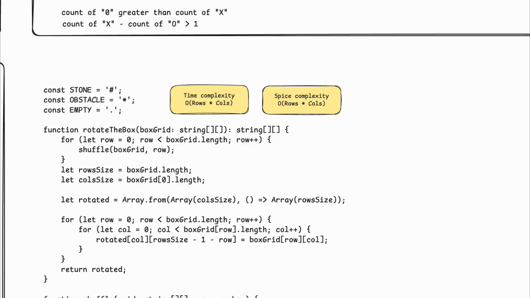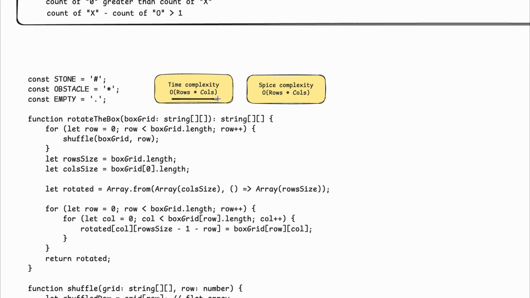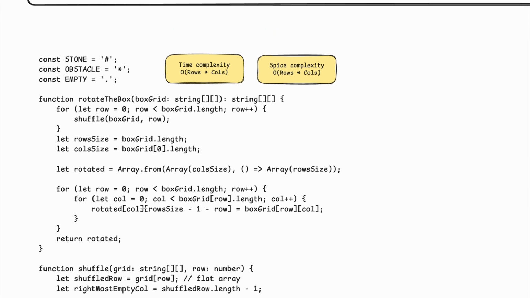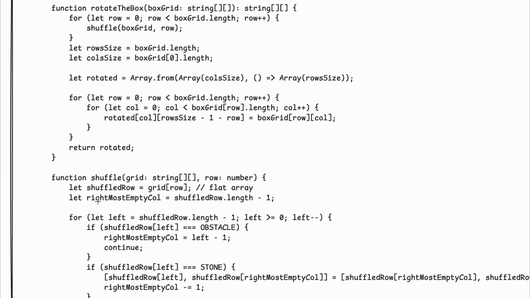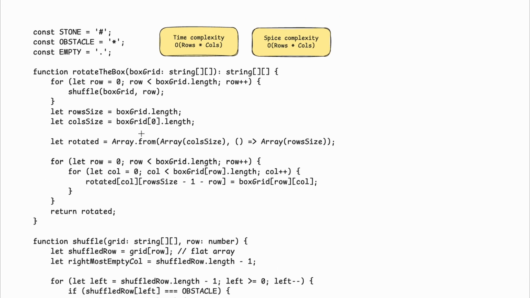So the time complexity is rows times columns. Yeah, definitely this loop takes some time, but in the boundary of big O notation, we don't consider this extra loop.